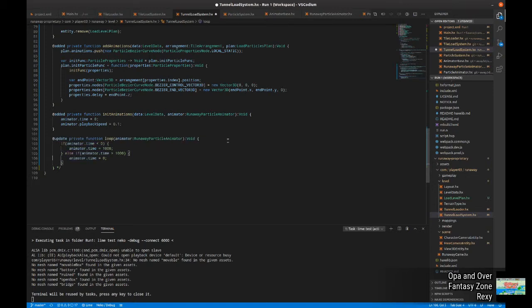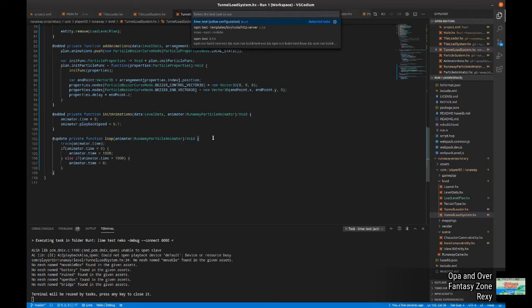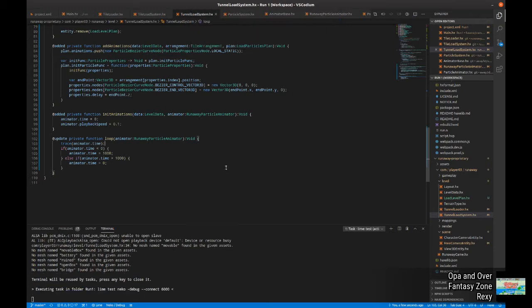So there's something that makes it very slow, and I don't know why that is. It's going to go back to flickering, and I don't know why.